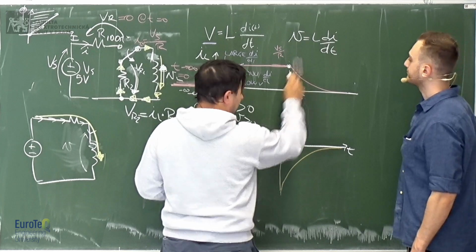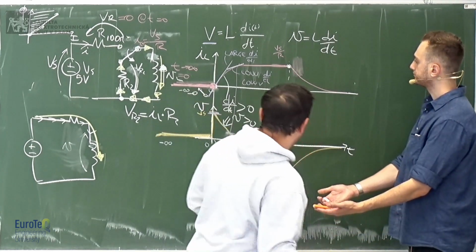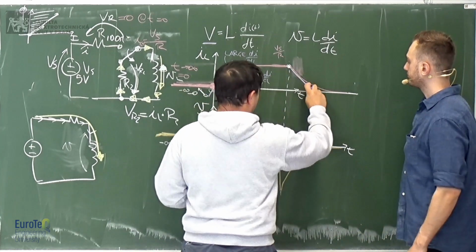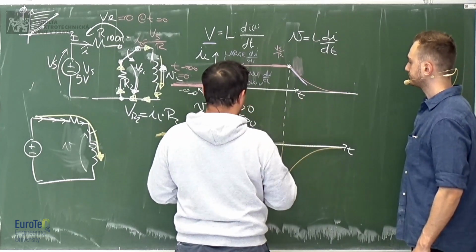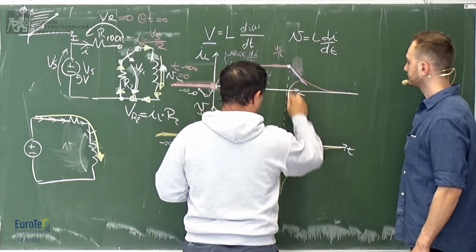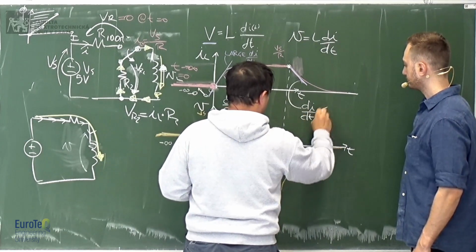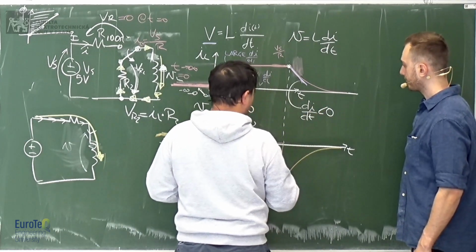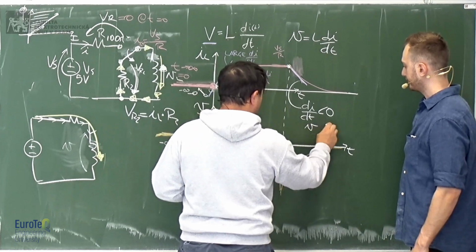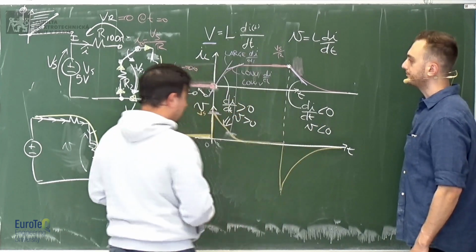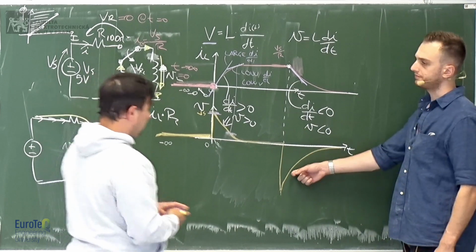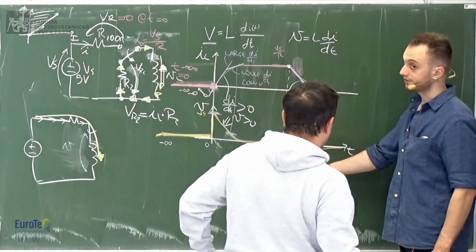Here, the derivative of the current in time is negative, correct? Therefore, the voltage is negative. But would this voltage not be like 10 or 100 times larger?